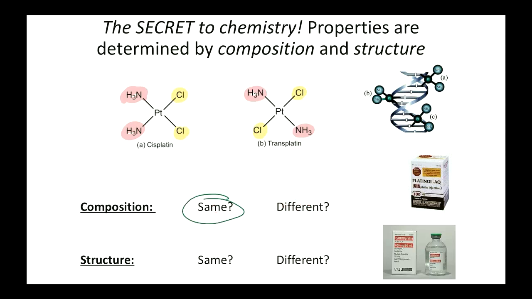Same, perfect. But what about their structure? They are different. See how in one of them the chlorines are trans to one another, and in the other one the chlorines are cis to one another. To remember, I think cis, they're sisters, they like each other. So what I imagine sisters would do, they're next to one another, right? So we see the structures of these 2 molecules are different.